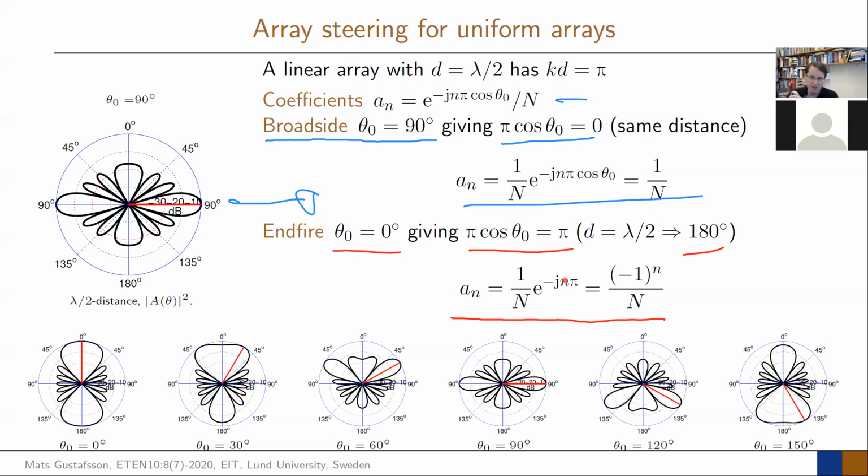So they change from plus sign to minus sign. That is because if I have the elements in the z direction, the distance here is lambda over 2, and lambda over 2 is 180 degrees. So if I look at radiation in this direction, I need to add another 180 degrees to get constructive interference in that direction. That we also saw on Monday. That is how we need to change these elements.